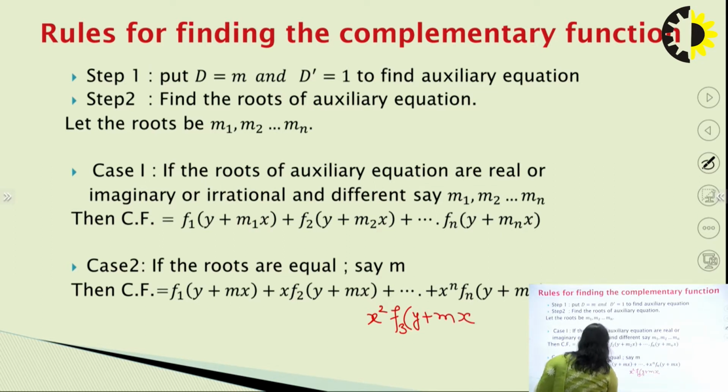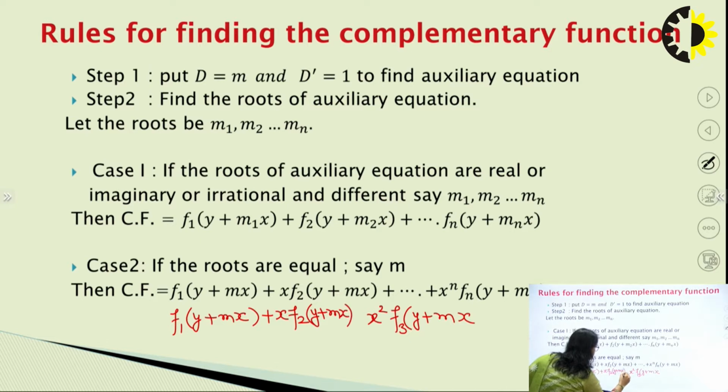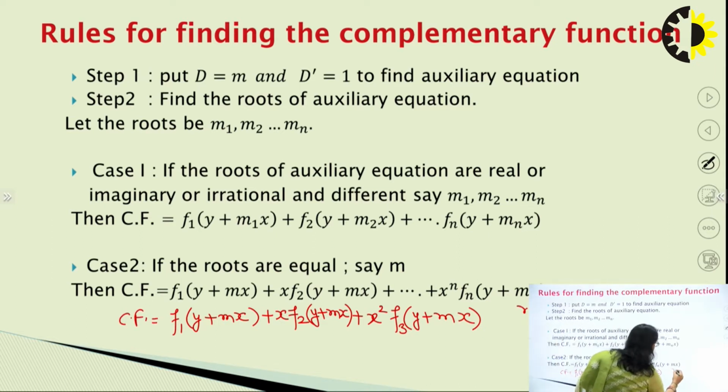So this is the situation if we have three roots which are equal, and we will keep proceeding like this for all the equal roots. So this is the situation. This will be our CF provided we have three roots m equal to m1, m2, m3, like this.